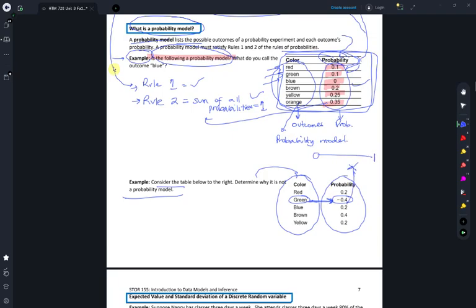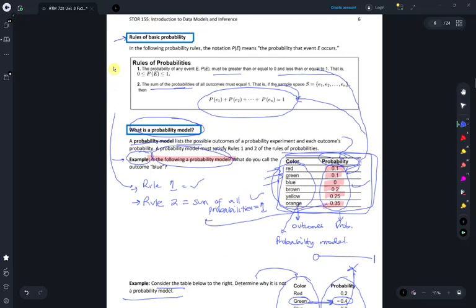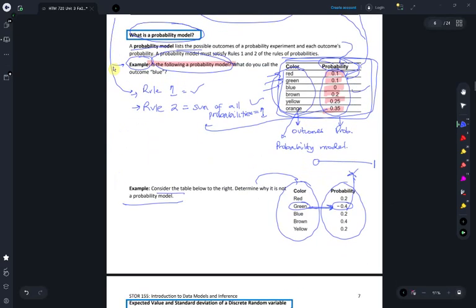That is a negative value. That violates the first rule of probability that every probability must be a number either equal to 0 or greater than 0, and at the same time equal to 1 or lesser than 1. In other words, it's not a number between 0 and 1. So in this case, we can say that this is not a probability model.